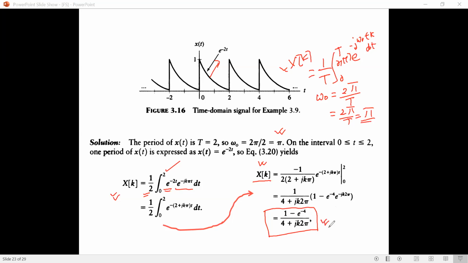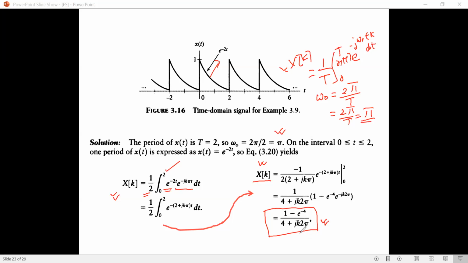It will have a phase value as well as a magnitude value. If we plot magnitude with respect to k, it will be your magnitude spectrum, and if we plot phase with respect to k, it will be the phase spectrum.